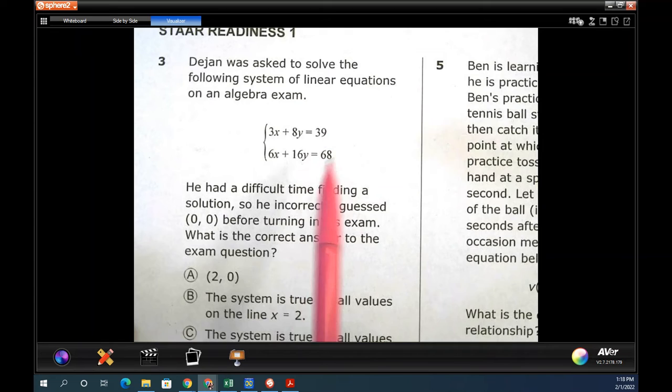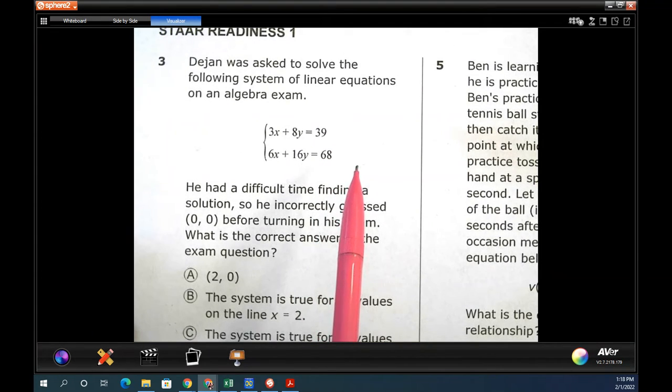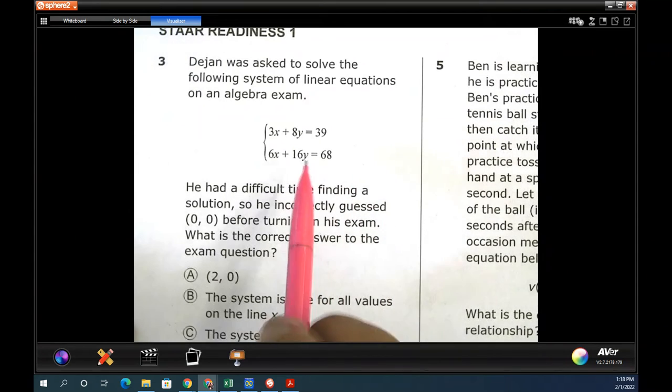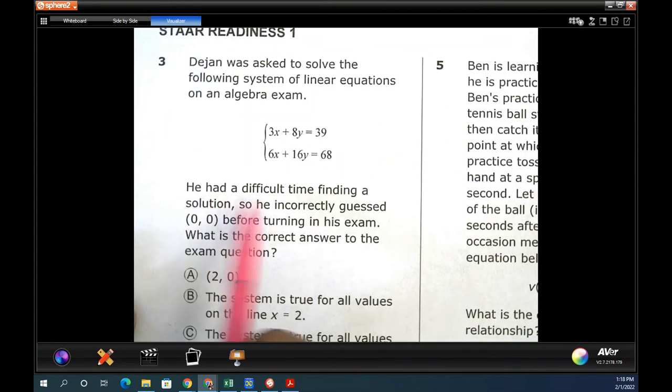There's your system right there. He had a difficult time finding a solution, so he incorrectly guessed 0, 0 before turning in his exam. What is the correct answer to the exam question?